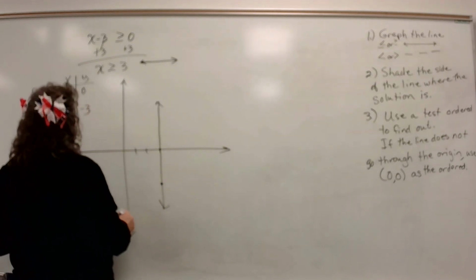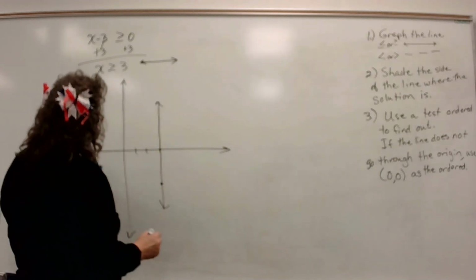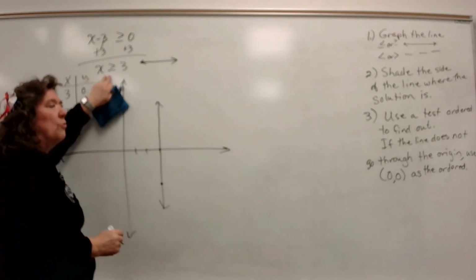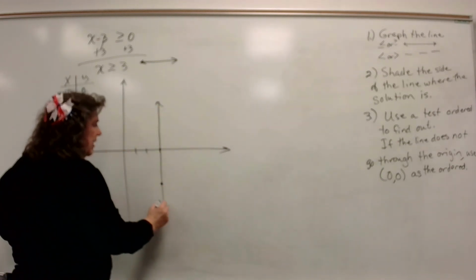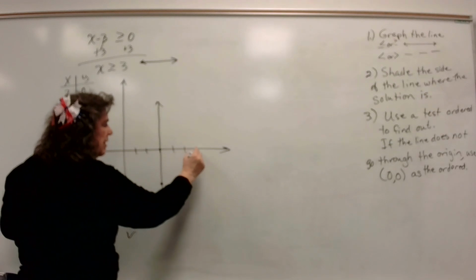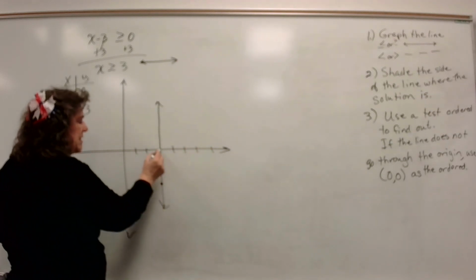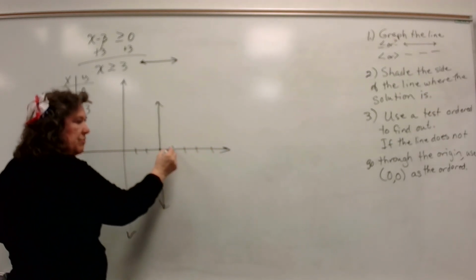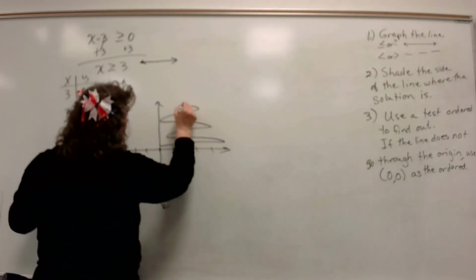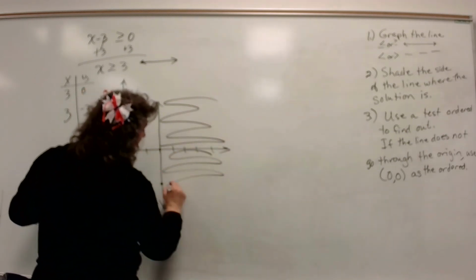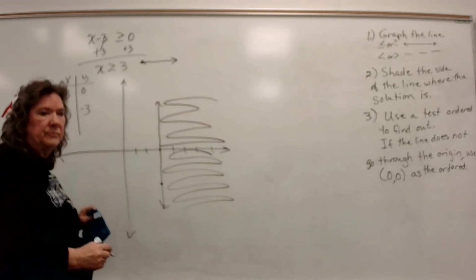That gives you a vertical line. Now it says that x is greater than or equal to 3. Well, this is equal to 3. Well, what's greater than 3? All I have to do is ask myself, is 4 greater than 3? Yes. Is 2 greater than 3? No. Therefore, my solution lies to this side of the line. Okay?